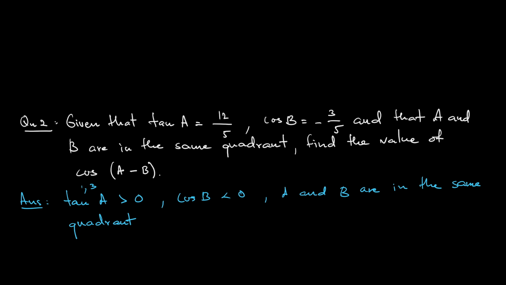For cosine of an angle to be negative, it needs to be in either quadrant 2 or quadrant 3. Sorry for that. And because it is given that A and B need to be in the same quadrant, we can infer from here that A and B are in the third quadrant.